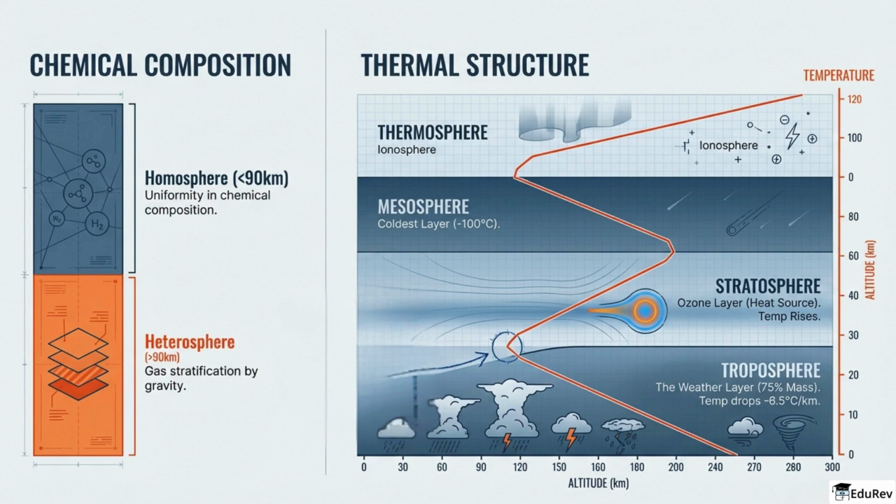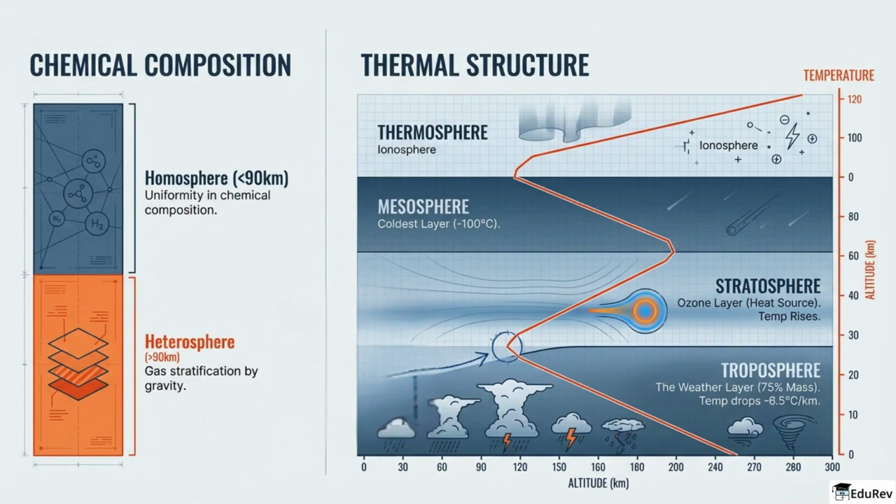By temperature, remember the layer is defined by how temperature behaves with height. Troposphere is the weather layer and holds around 75% of the atmospheric mass. Temperature generally drops by about 6.5 degrees Celsius per kilometer.